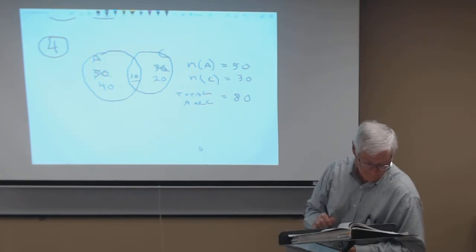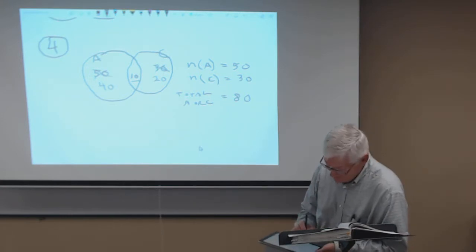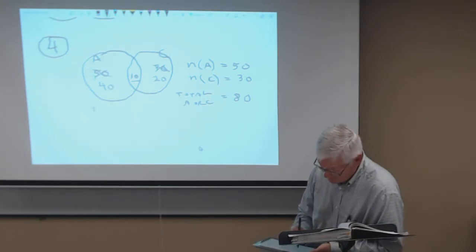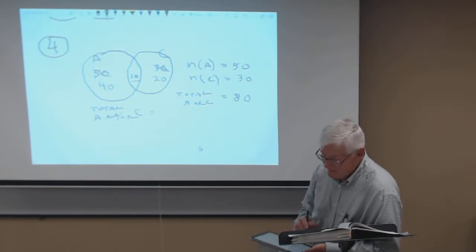What do they want to know for 4D? How many students? What's the total taking algebra and/or chemistry? And what would that total be?